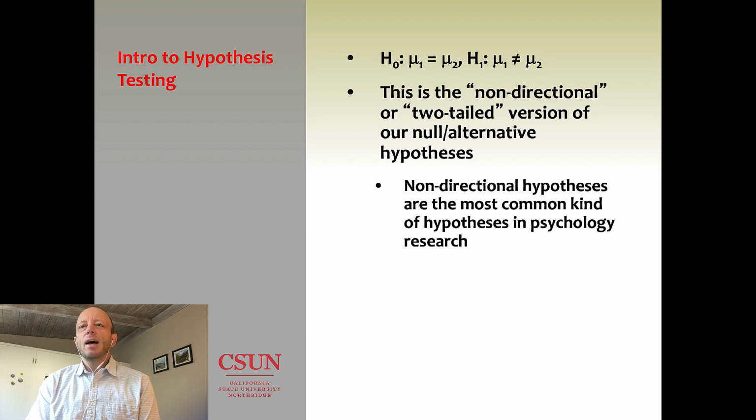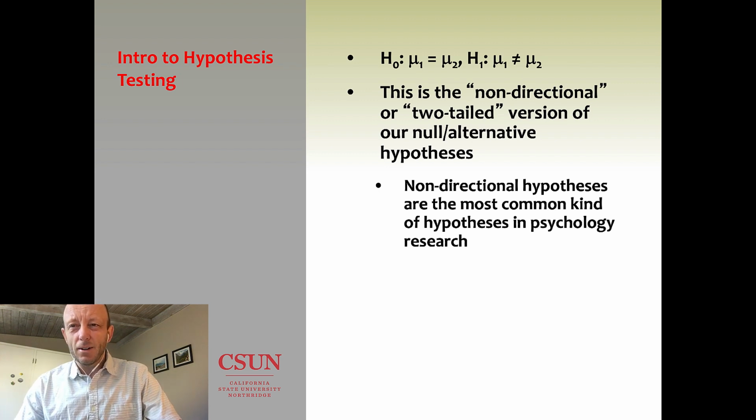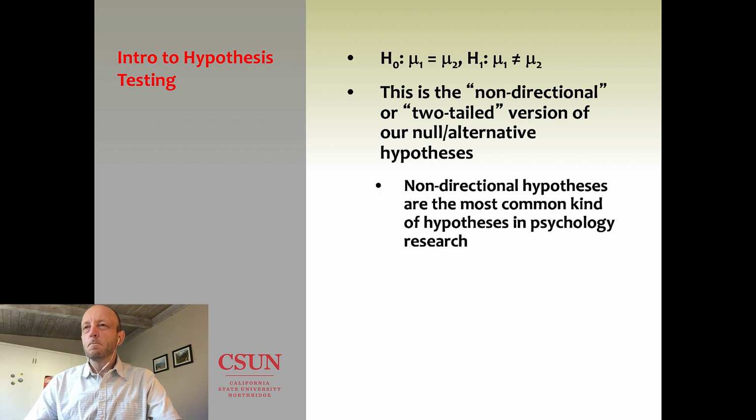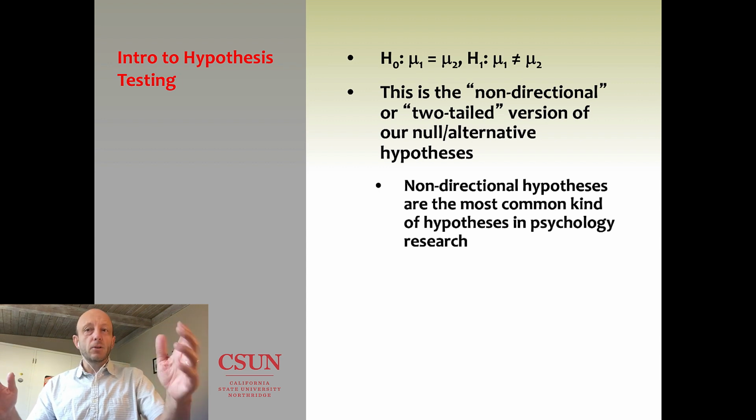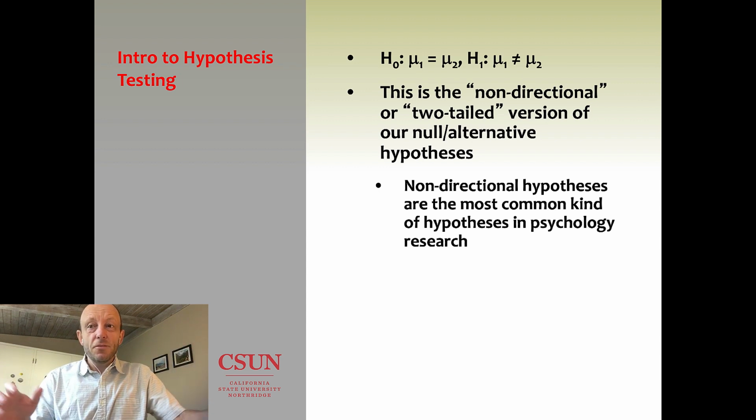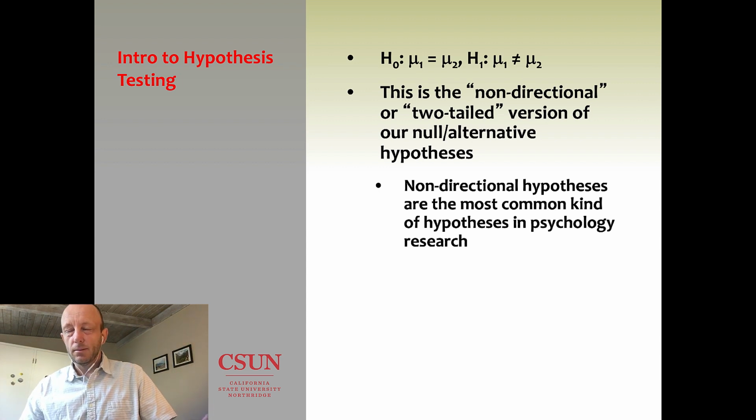So I set this up as a non-directional situation. By the example of statistics and fun, the null hypothesis is that people who are doing statistics are having the same amount of fun as people who are not. The alternative is that people who are doing statistics are having a different amount of fun than the people who are not. It's not saying they're having more fun, technically. It's just that it's different.